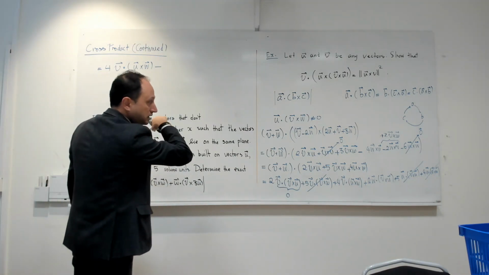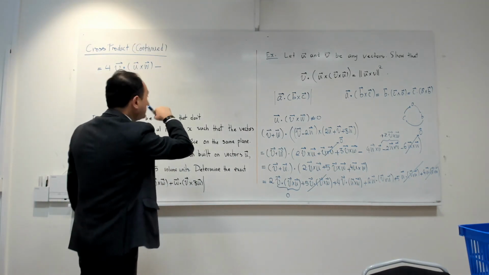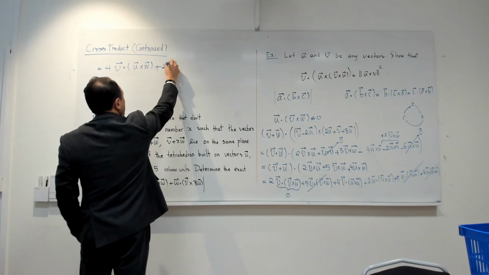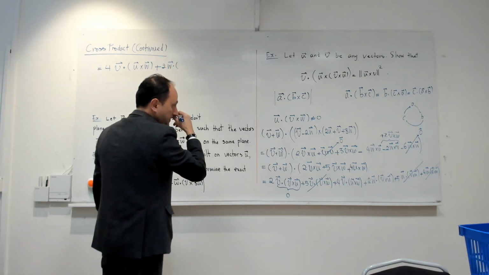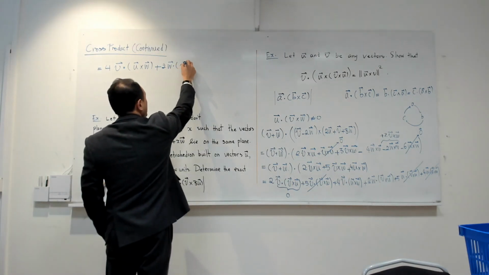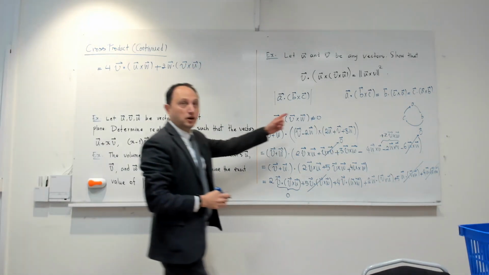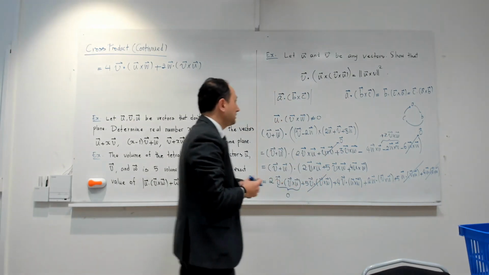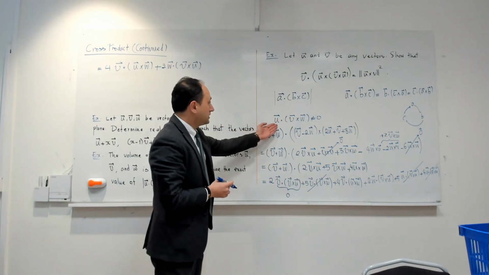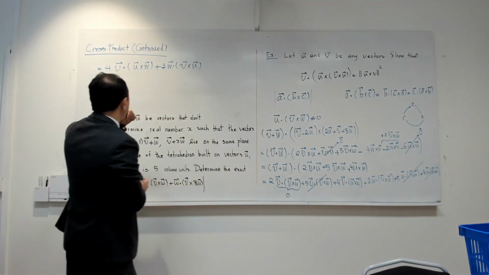The other one is 2W dot V cross U. Okay, if I ask you to simplify this, then you can use this cyclic property. You can write it in a way. So let me write everything in this form. So let us have U first.